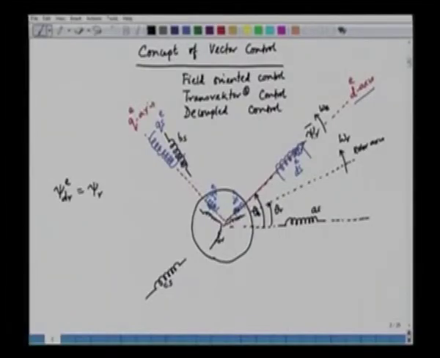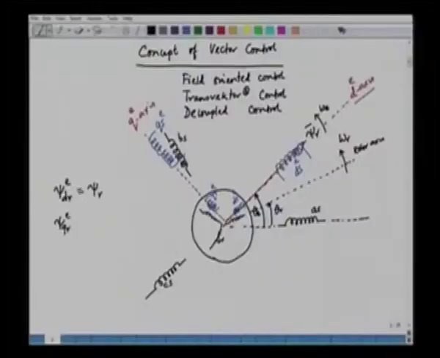So, we can say that the d axis flux is entirely psi r. And if I ask this question, what is psi qr^e? What is the component of the rotor flux vector along the q axis of the rotor? That will be equal to 0, because the rotor flux is entirely along the d axis. There is no component of the rotor flux along the q axis. So, we can always say that psi qr^e is equal to 0.